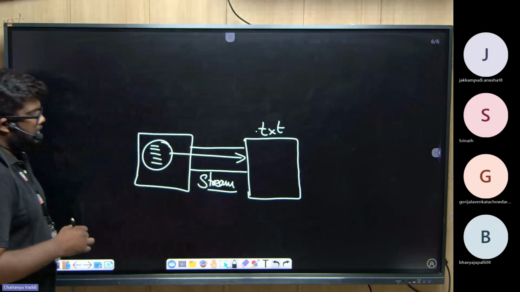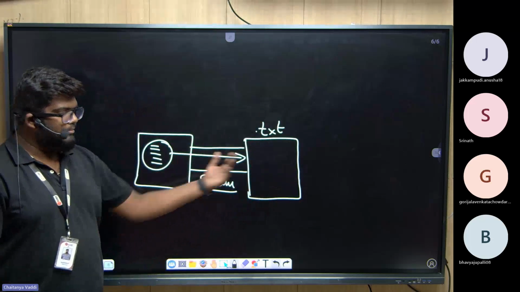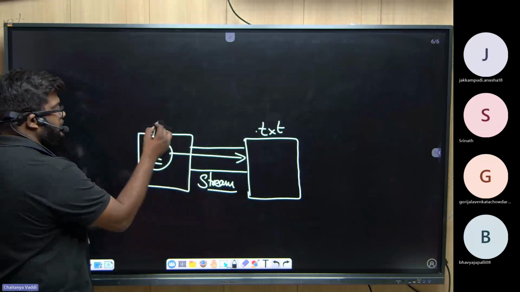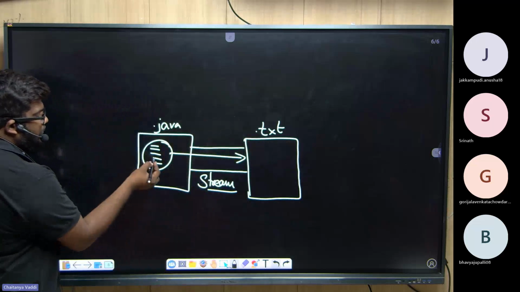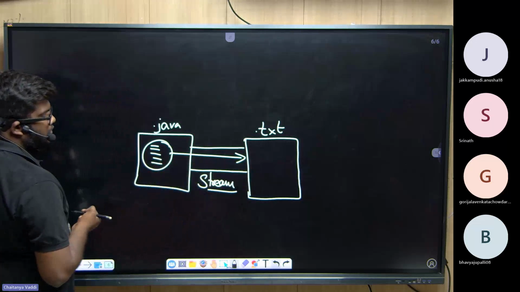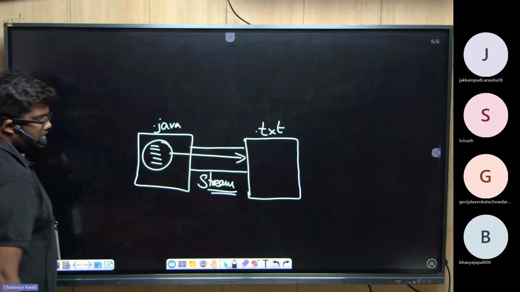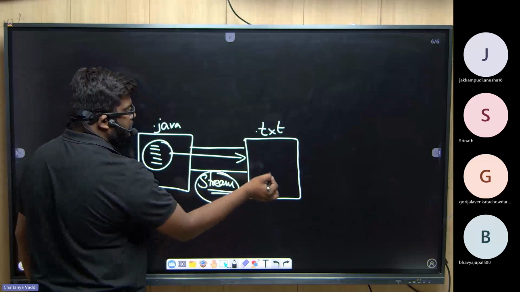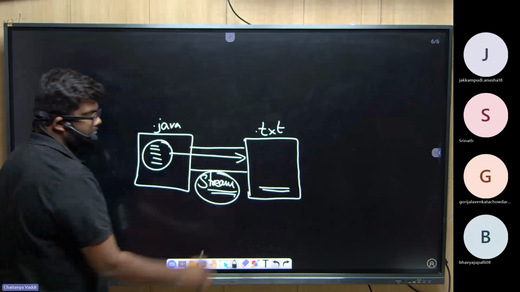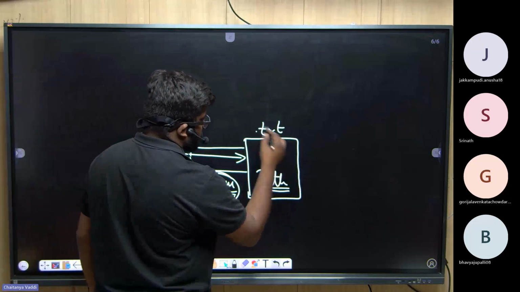Okay, so we have to actually create a stream of connection between our Java application and the external file that we have. And whenever you are trying to transfer the data to that specific location, it will be using the stream to do that operation. But while creating the stream, you have to provide the destination address, okay, which is specifically the path of this file.